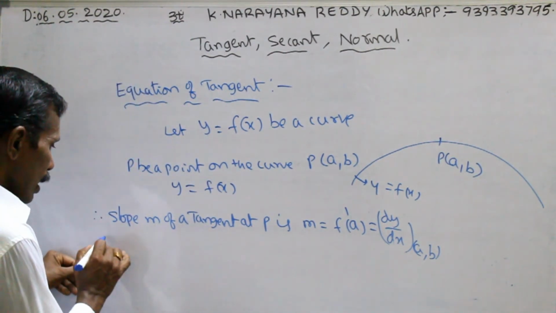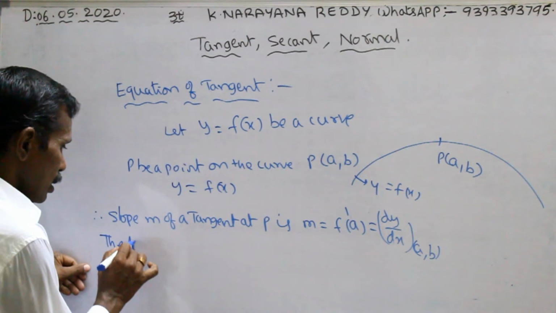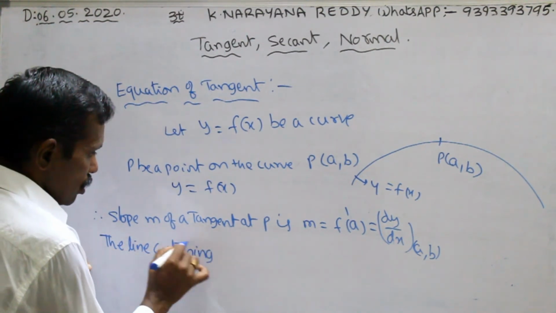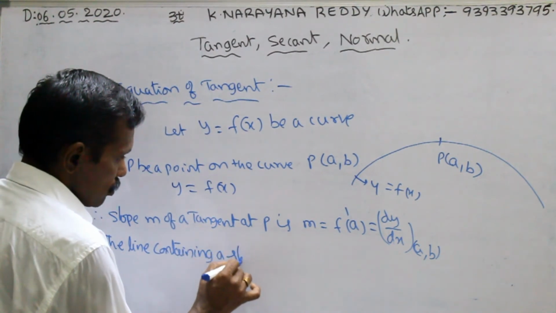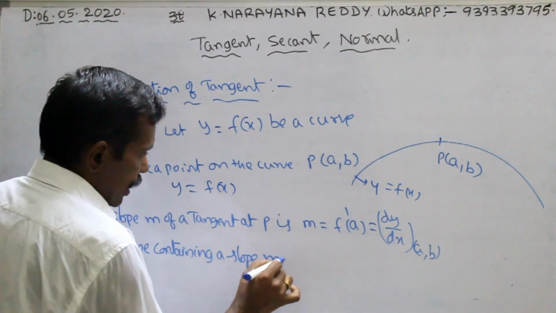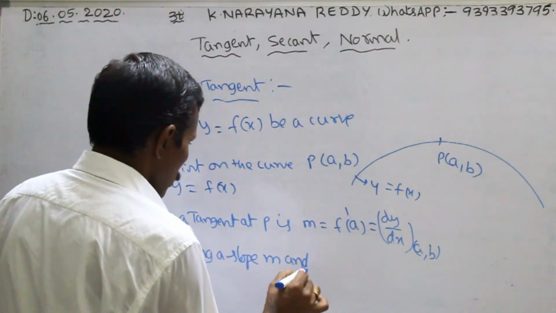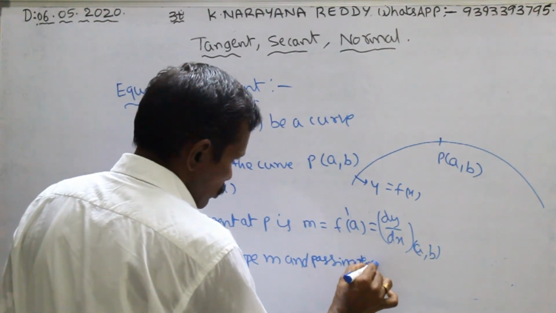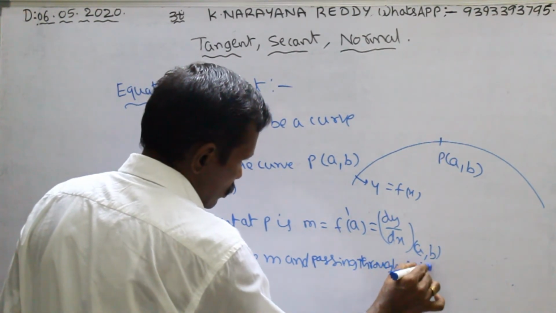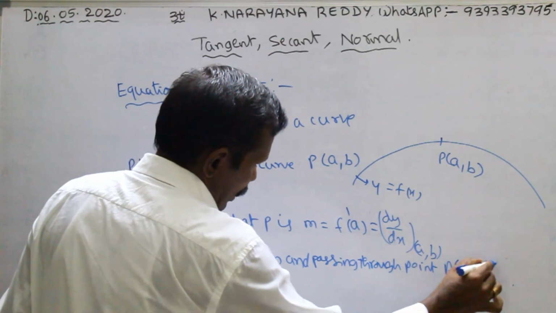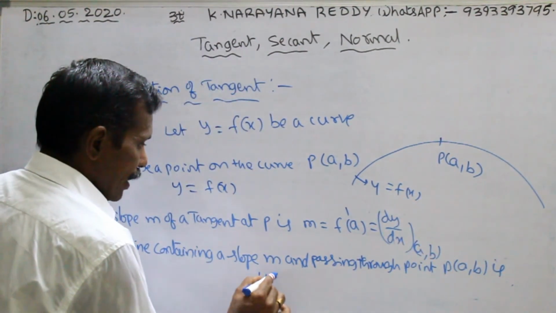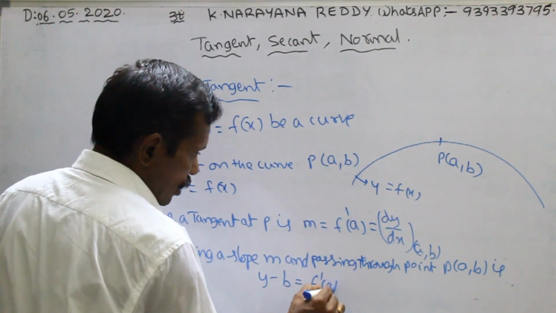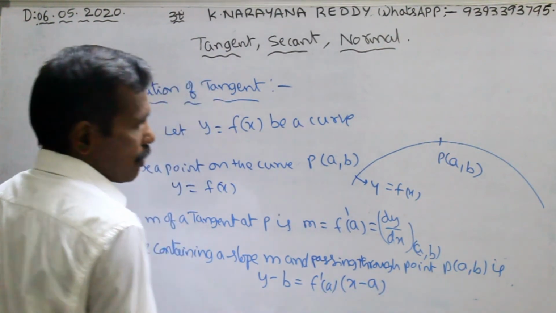So the line containing a slope and having a point P is y minus y1, which means b, equals m, which means f dash a, into x minus x1, which means a.